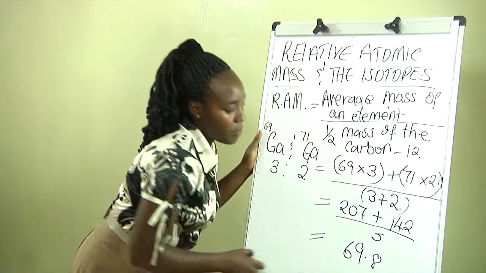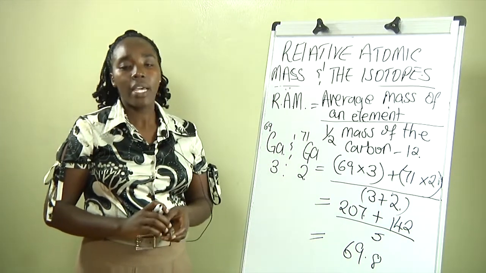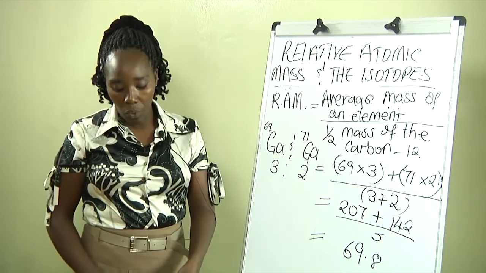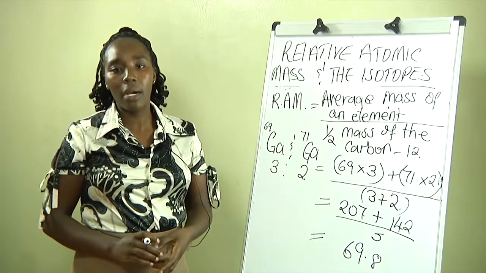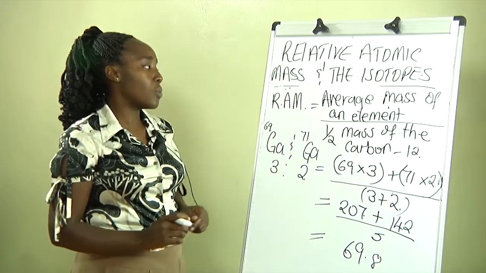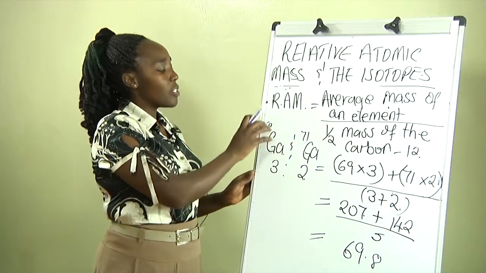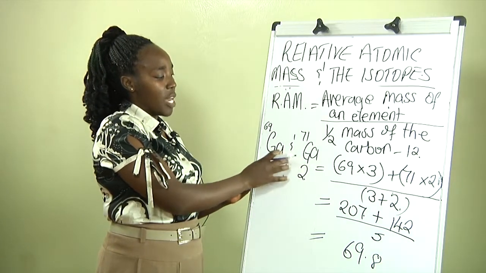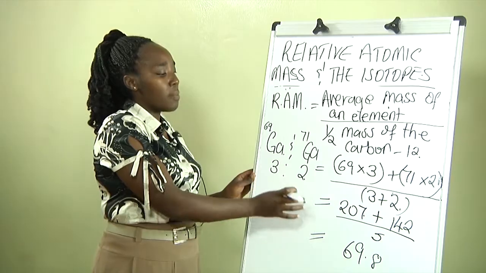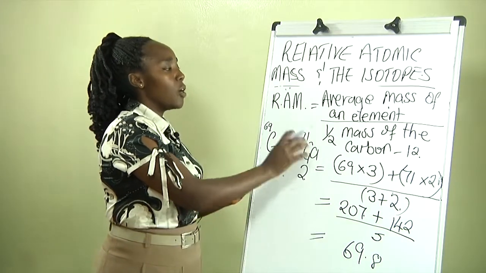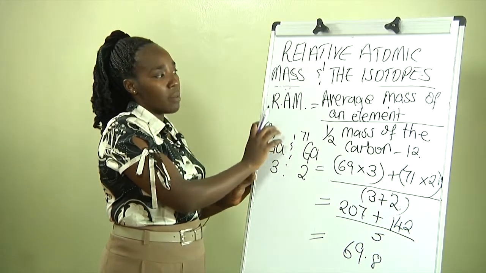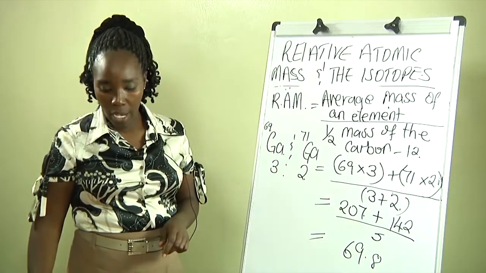The 69.8 that we have gotten is the relative atomic mass of our elements. So it is not the mass of the gallium isotopes that we have appearing. That 69.8 will be the relative atomic mass of our two isotopes.